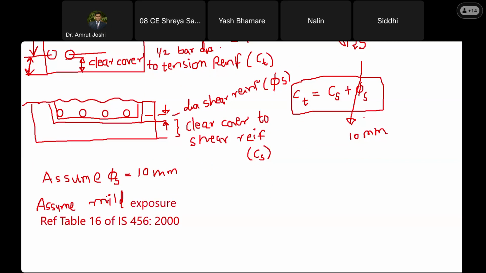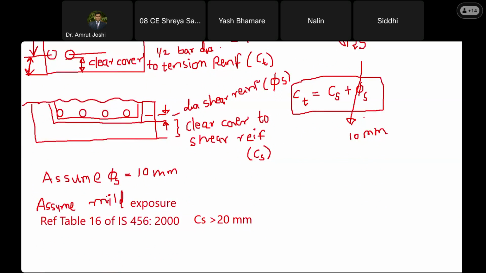Are you with me? Yes, sir. CS should be greater than or equal to 20 mm. Are you with me? Happy? Yes, sir.